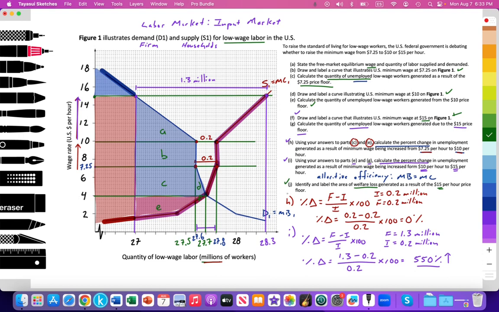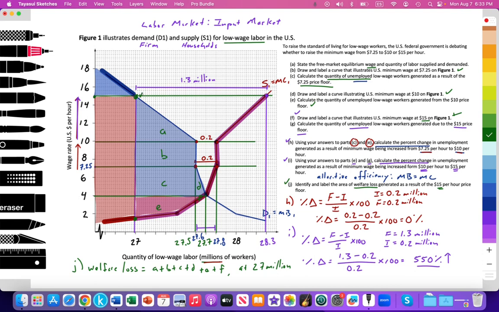So for question J, the welfare loss would be equal to areas A plus B plus C plus D plus E plus F that is labeled on the model. We can also state that at 27 million workers, this is where the quantity of supply and the quantity of demand is occurring at the minimum wage value.